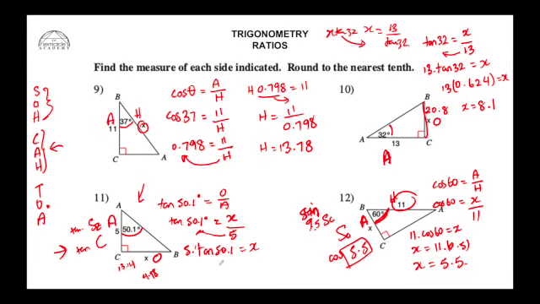So the tan of 50.1 is 1.196, multiplied by 5 will give me x, so x is equal to 5.9. No, you get it right. Caitlin, what did you do?